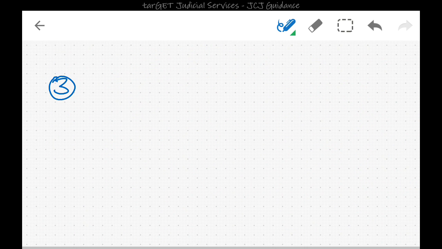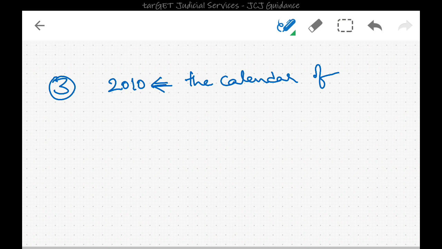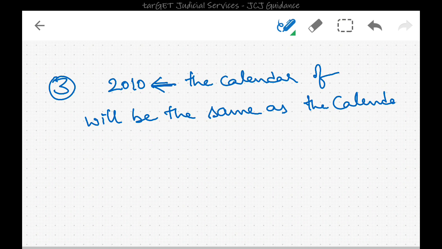The third model is you will be given a year, 2010. The calendar of 2010 is the same as the calendar of which year?